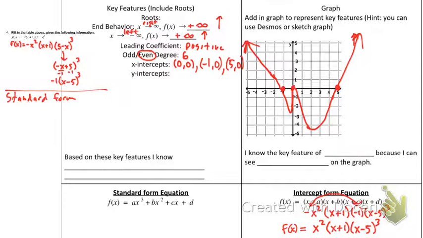So to do standard form, we start with intercept form, which is x squared, x plus 1, x minus 5 to the third. All right, so what does this really mean? We got to multiply all this out. So it looks like, oh, okay, not too bad, but watch. We have x squared, x plus 1, and then we're going to have x minus 5 3 times.